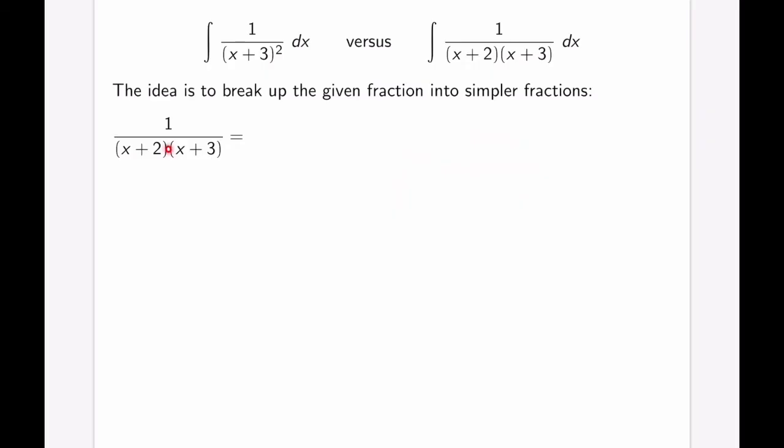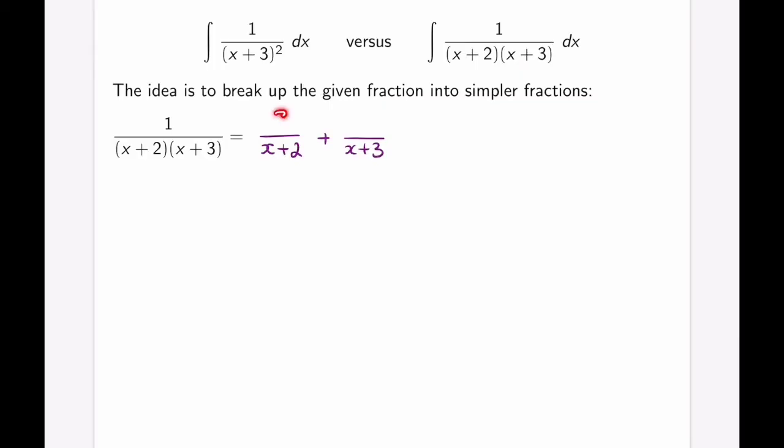Similar idea here. This is a product of two factors, which means that one would hope that the fraction came from two other fractions, one with denominator x plus 2 and one with denominator x plus 3.